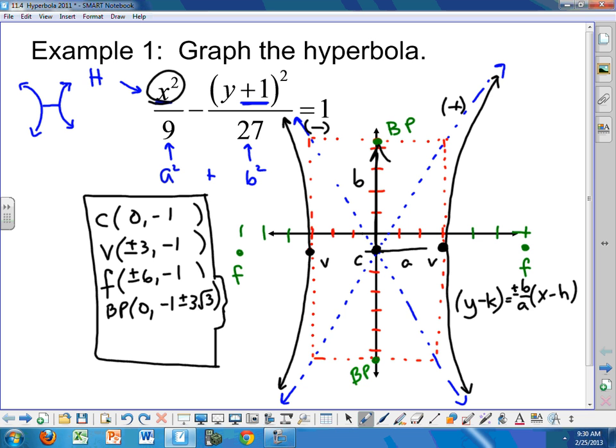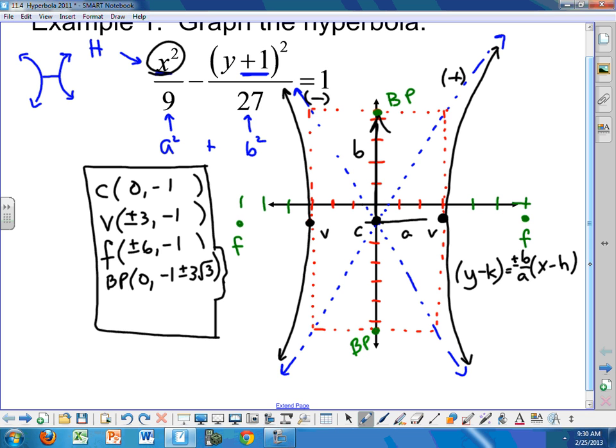That's a little different from the video because in the video I did this for a vertical hyperbola. That's from the last video. So let's go ahead and finish this out. That would be y minus k, which of course is in this case y plus 1, equals plus or minus. Now the b turns out to be 3 radical 3, and the a turns out to be 3.